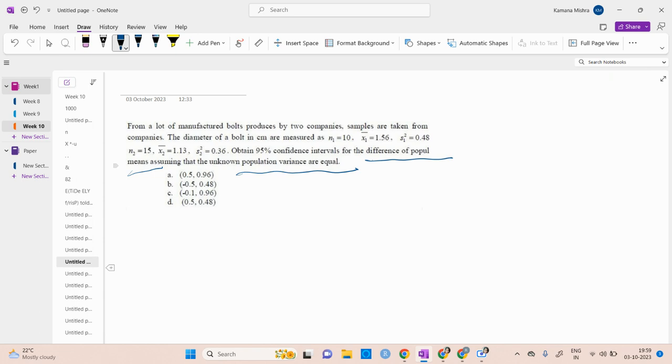So sigma square, sigma square, no? Yes. So in that case, you need to go through the estimation of lecture 6, and then you can see that here when sigma square is unknown, so sigma 1 square is sigma 2 square, this is given.